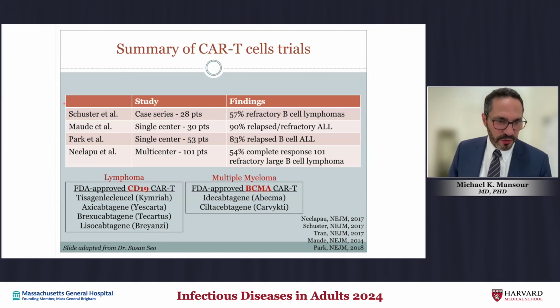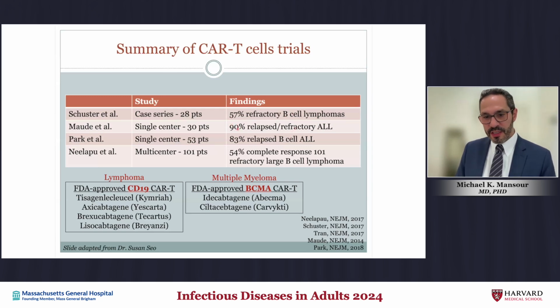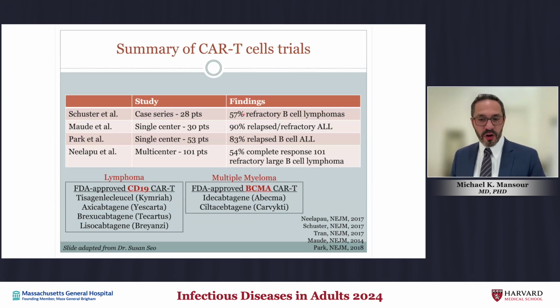Before I jump to that, I'm leaving you with this slide that shows you a summary of multiple case series and findings showing really the dramatic response to lymphomas. You can get everything from 60 to 90% responses in refractory lymphomas to CAR T cells.